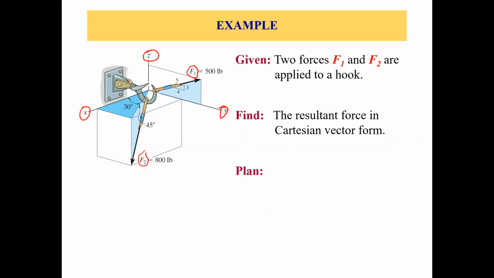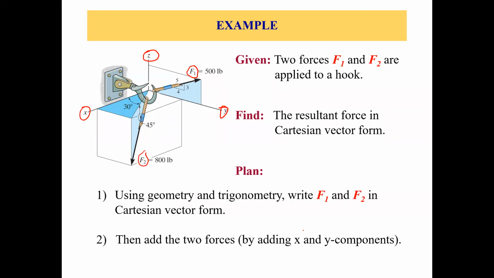Okay, so we know how to do that, right? So we'll just apply the concept which we learned in today's lecture. Okay, all right, so what are the steps? How do we go about it? First step is using geometry and trigonometry, write F1 and F2 in Cartesian vector form.